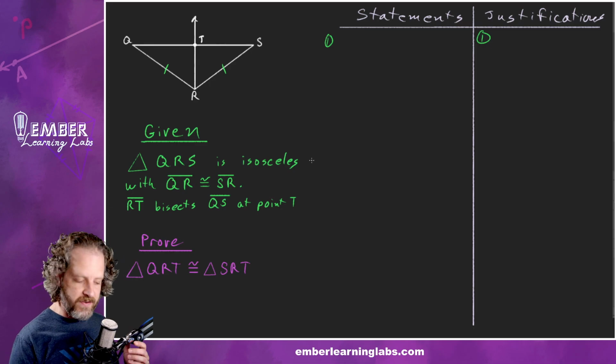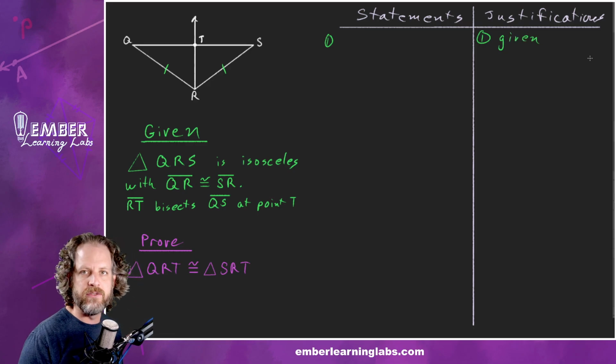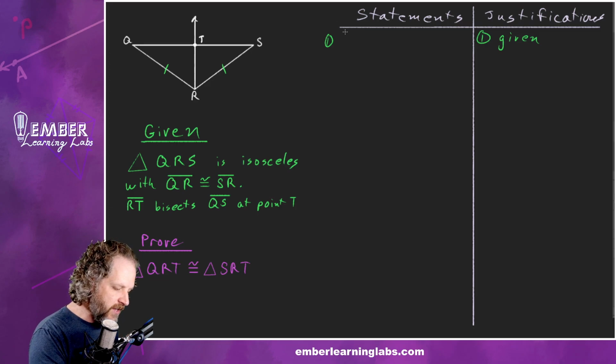So let's go ahead and get our given into the proof. That's always the first line of the proof. So, given, oops, oh no, that is the letter. Something in my brain happened. So we're given that triangle QRS is isosceles.